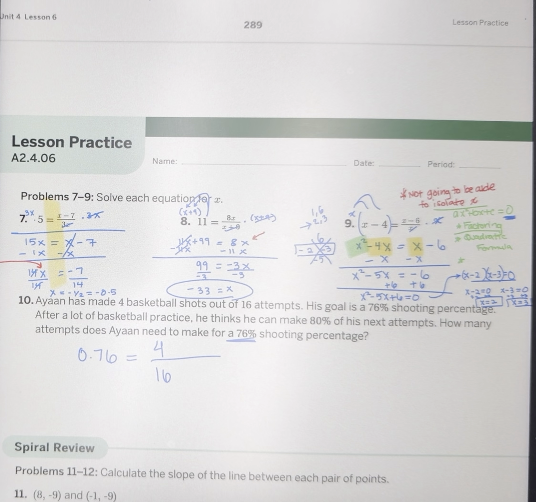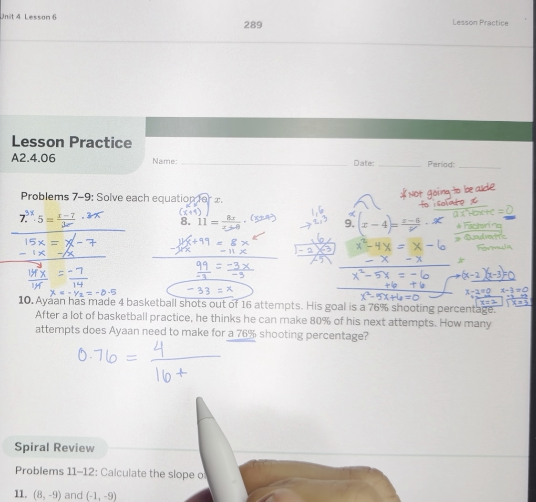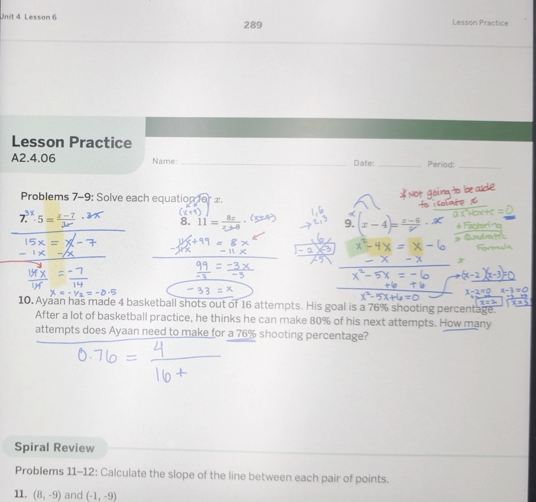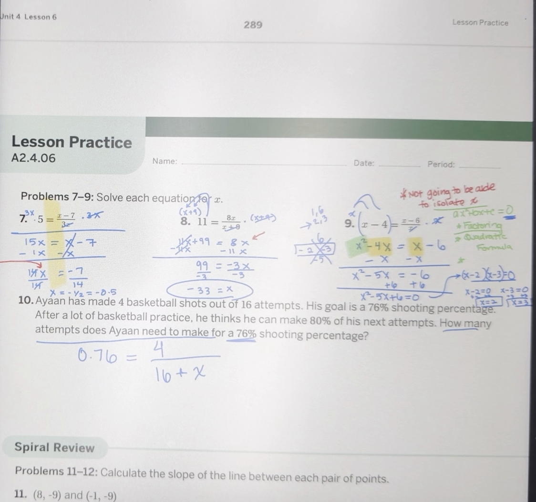But now Ayan is going to shoot some hoops, okay? He's going to shoot a lot of baskets. So his number of attempts is going to increase by how many, because that's what they're asking. How many attempts does he need to make? Well, I don't know how many, so x. So his number of attempts will increase by x.